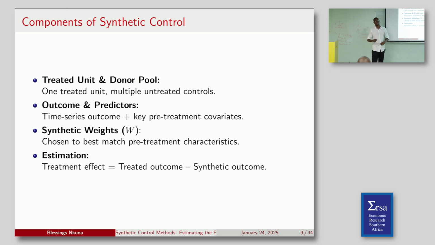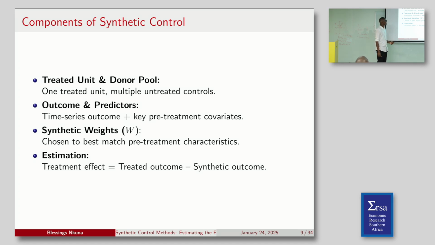So if I was looking at tobacco policies, I would try to remove any other countries that had similar tobacco policies, because then it would mess with the analysis. And we need time series data, and we need a pre-treatment period so that we can optimize for weights, for finding the right weights that match the synthetic control to the actual state.